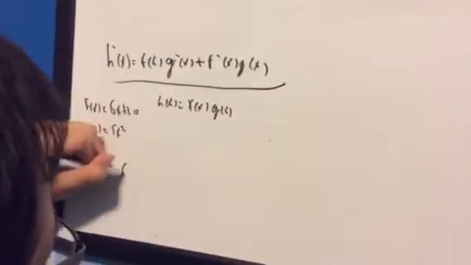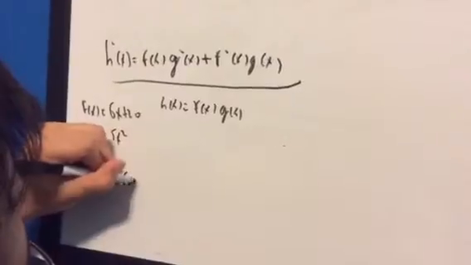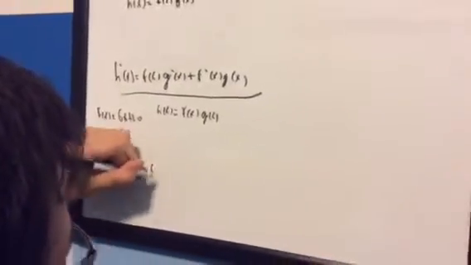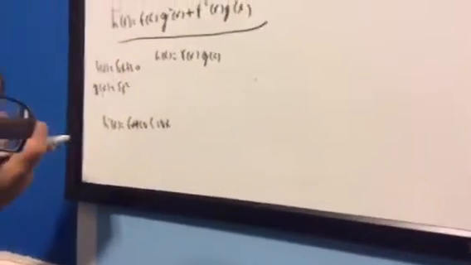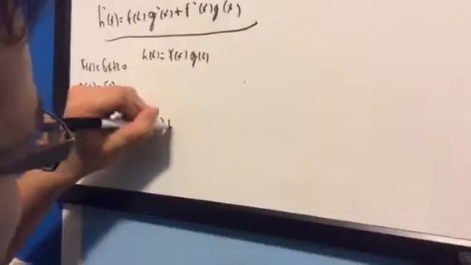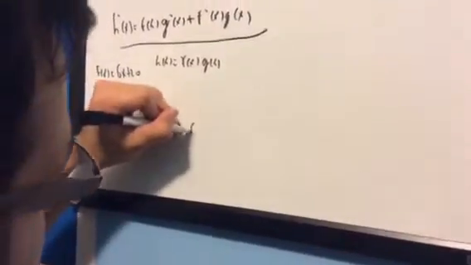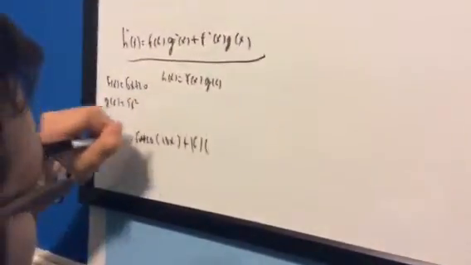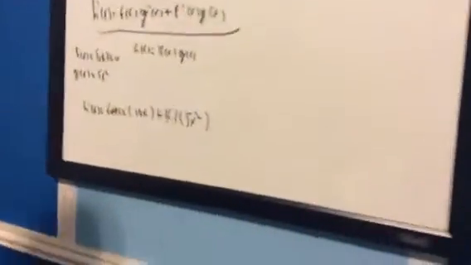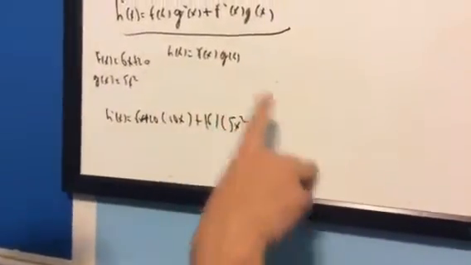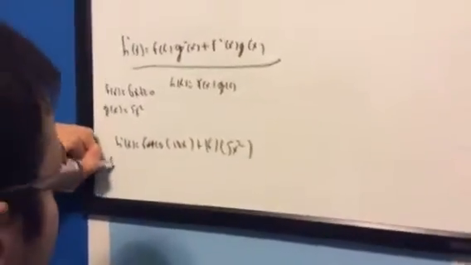So what we're going to do here is 6x plus 20 times the derivative of g of x, which is going to be 10x, plus 6 times 5x squared. And you guys can do the algebra from here. I'll just work it out for this one.